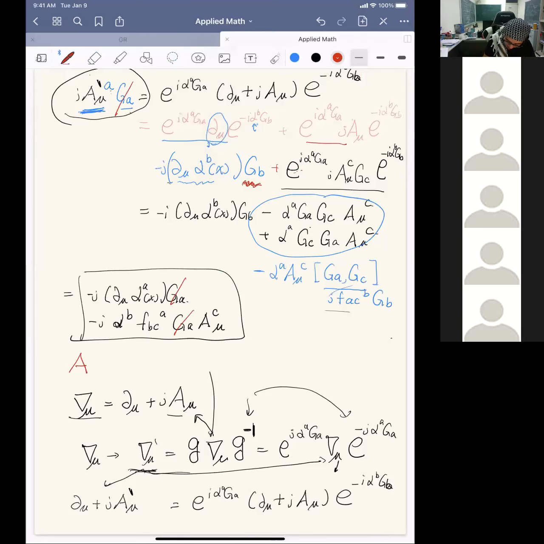So now I get that my gauge field A mu prime A should transform as minus partial mu alpha A minus alpha B A C mu f B C A. Okay, so this is how our gauge field should transform.